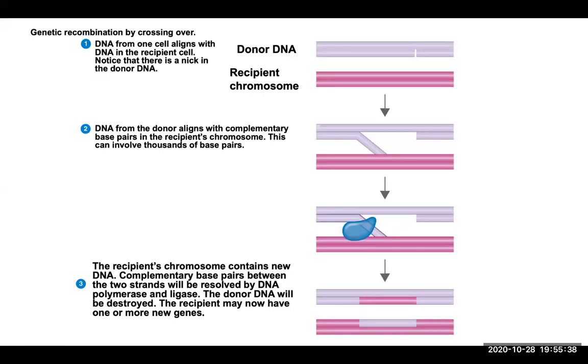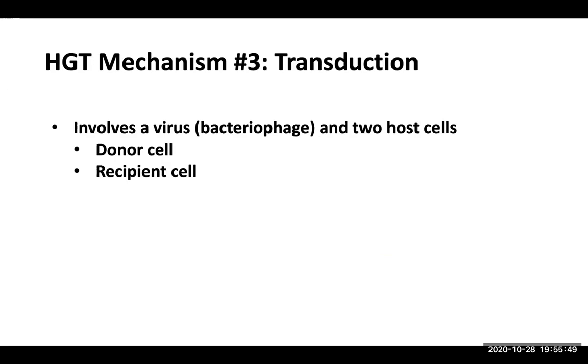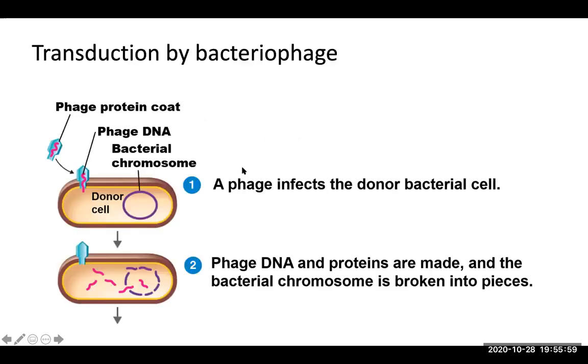All right, so horizontal gene transfer mechanism number 3, transduction. This is using a virus called the bacteriophage, and it's going to involve 2 hosts, 2 bacterial cells. We'll call the first one the donor cell, and the second the recipient cell.